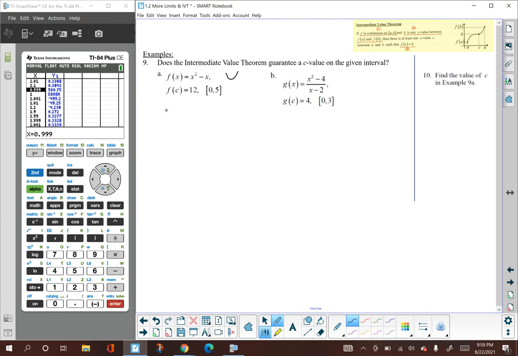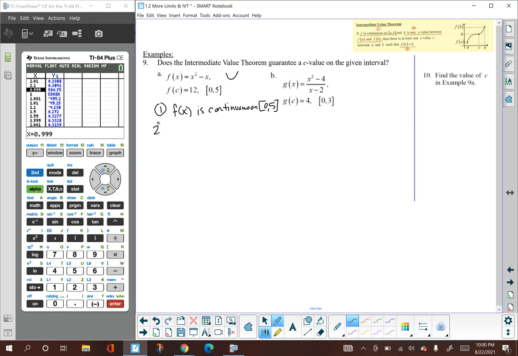It's continuous. You don't have to do any fancy explaining of that. You can just say f of x is continuous on [0, 5], because it's a parabola, and we know parabolas are continuous. So we've stated condition 1, that our function is continuous.